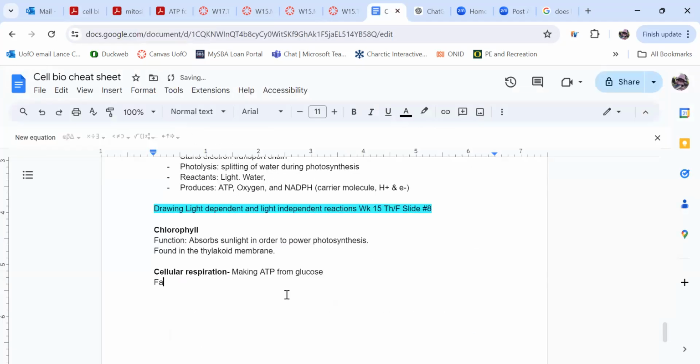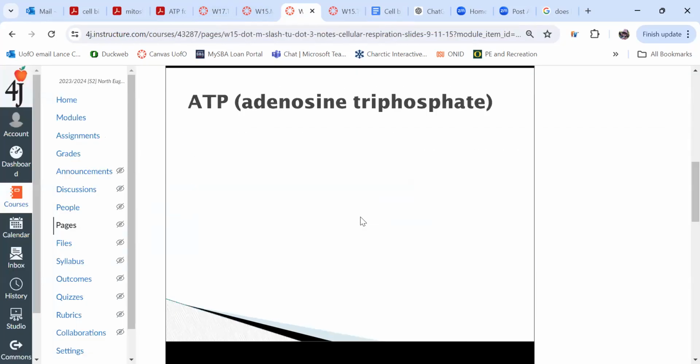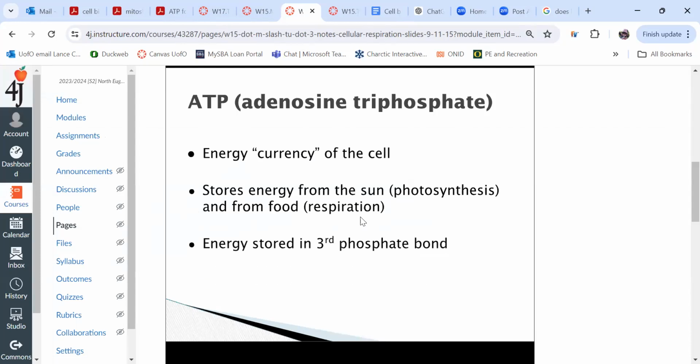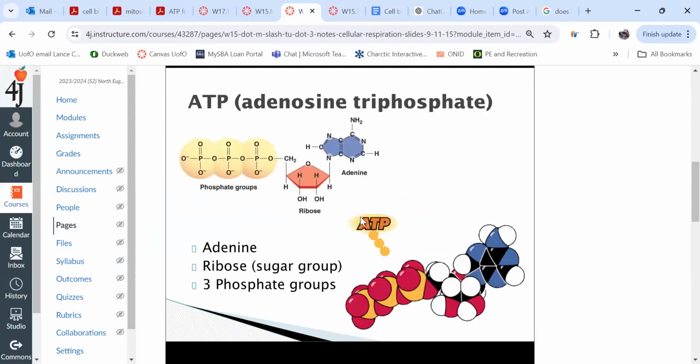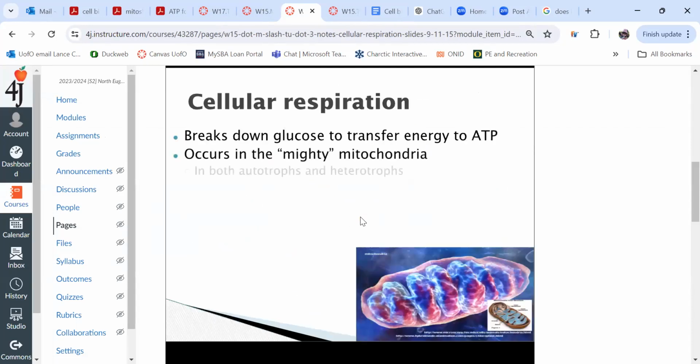Factors that affect the rate of cellular respiration. I'll just put 3 there for now, but I don't even know if I'm going to use 3 bullet points. Let's see. So we find a good slide on factors that affect respiration.